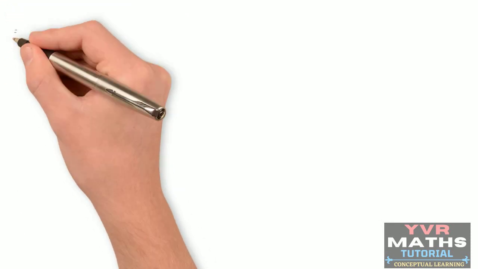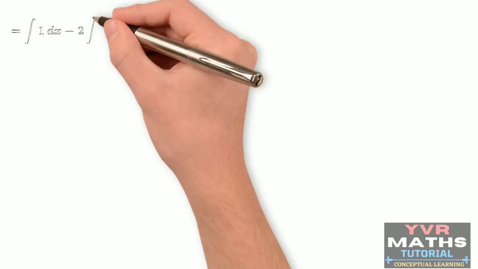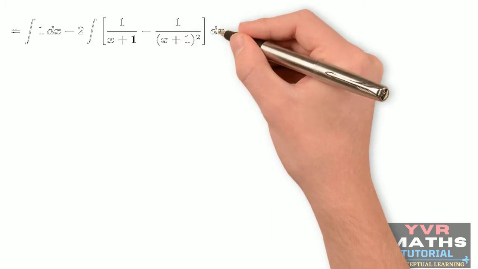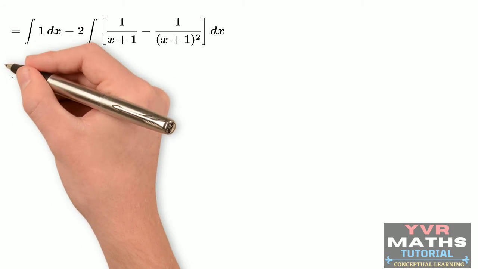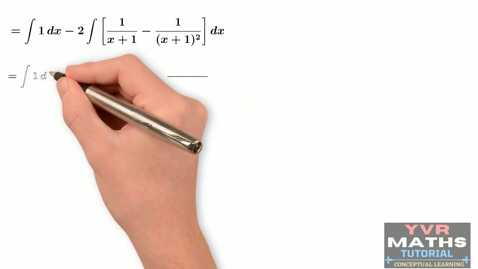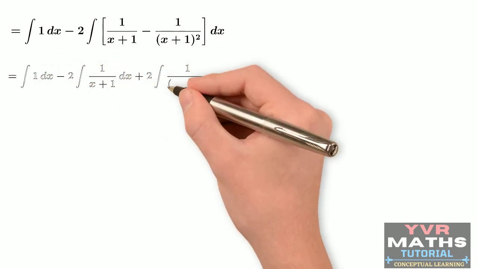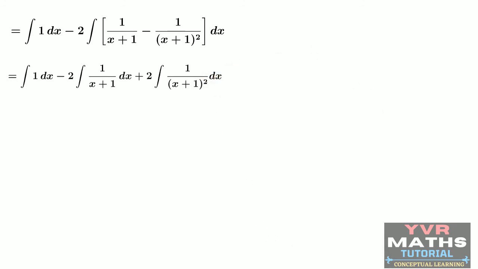See here, integral 1 dx minus 2 integral 1 by x plus 1 minus 1 by x plus 1 whole square dx. If you apply individual integrals for the second part, then what we will get? See here, integral 1 dx minus 2 times of integral 1 by x plus 1 dx plus 2 times of integral 1 by x plus 1 whole square dx.